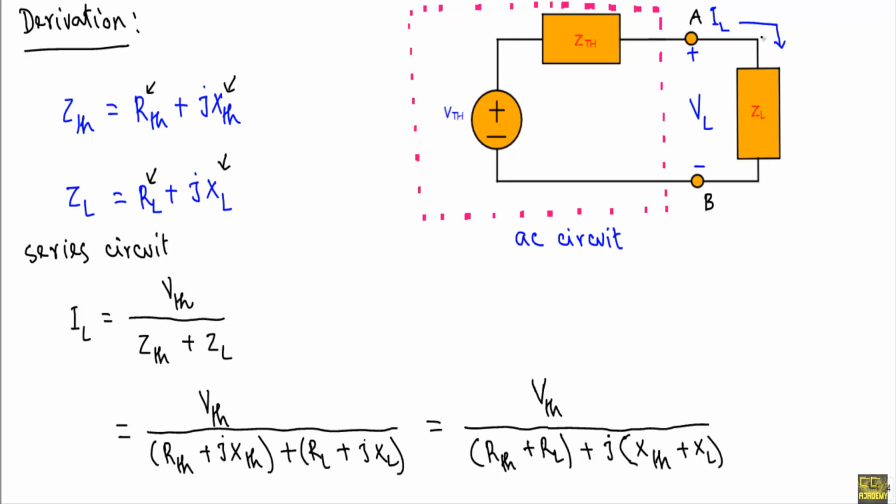Let's say the phasor current at load impedance is IL. So the total current IL in the circuit will be equal to VTH over ZTH plus ZL. Here VTH is the total voltage of the network, and ZTH plus ZL is the total impedance across these two terminals.